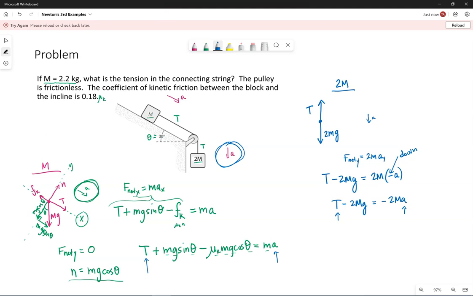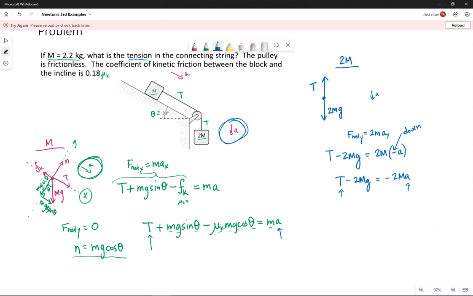The problem itself wants us to find the tension. There's no problem if we wanted to find the acceleration first. Either way, I need to solve one of these equations for either tension or acceleration and then plug it in the other.